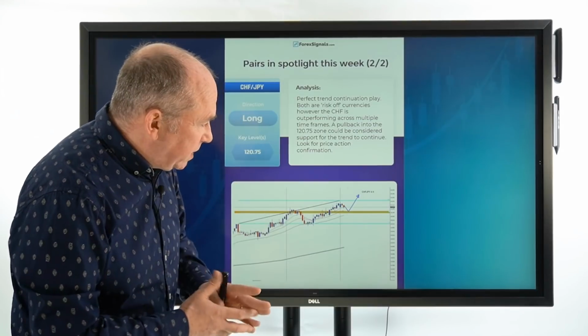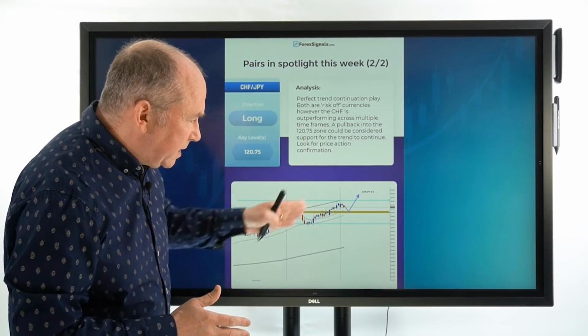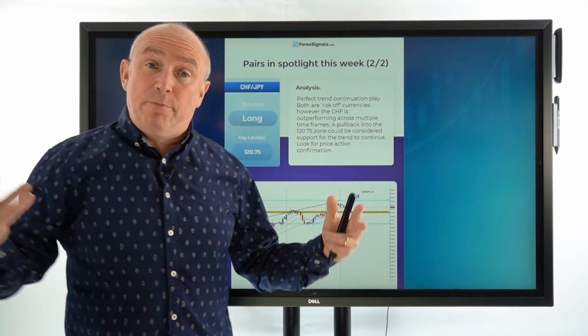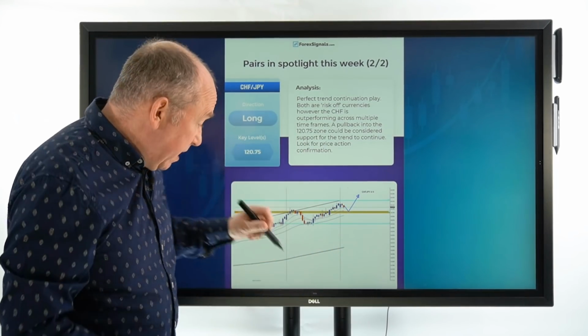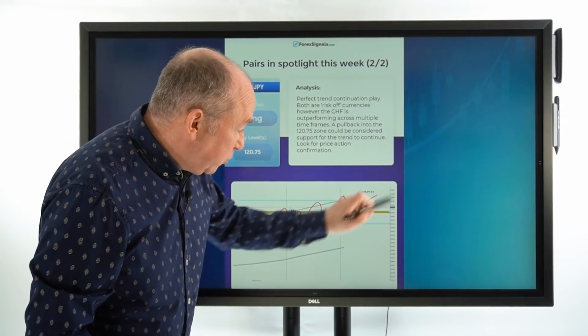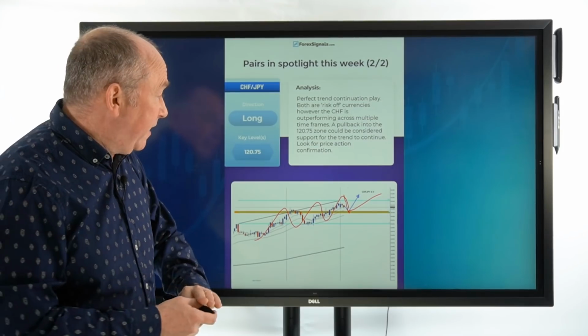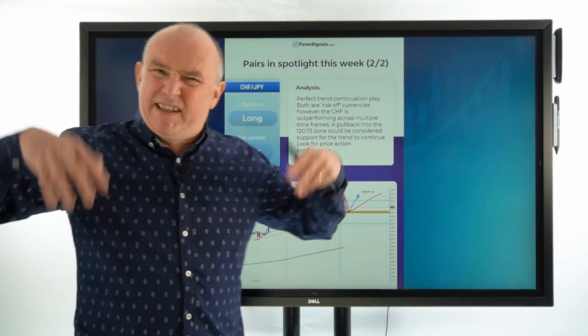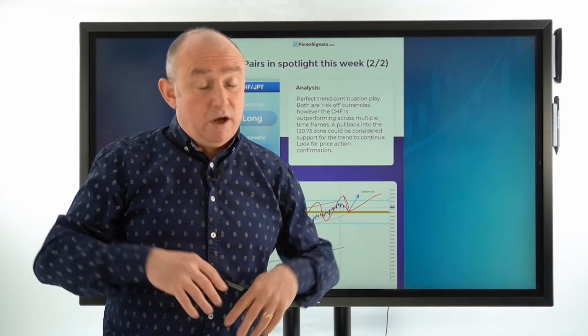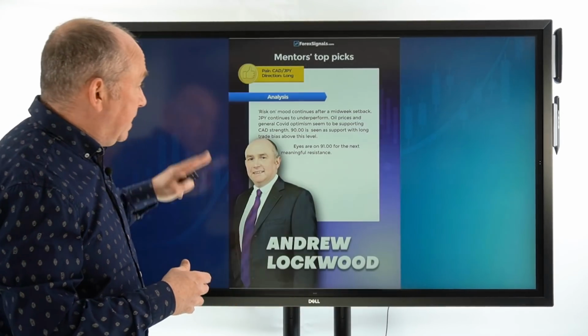So risk is certainly with this to the upside at the moment. I'll say the bias is to the upside. Swiss is outperforming the Japanese yen. It's been a great trending market, giving lots of entries and pullbacks. We're looking at another potential pullback for trend continuation in there as well. 120 sort of 75 zone. If it does pull back there this week, could indeed prove as support zones. But again, do your own analysis on that.